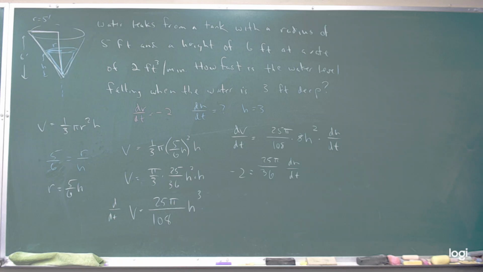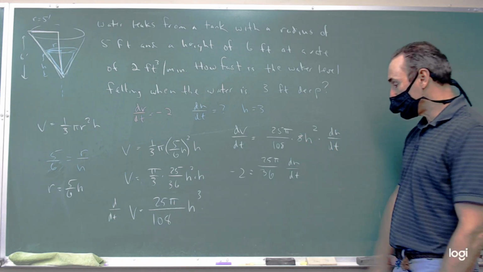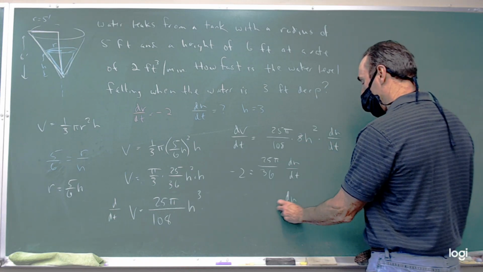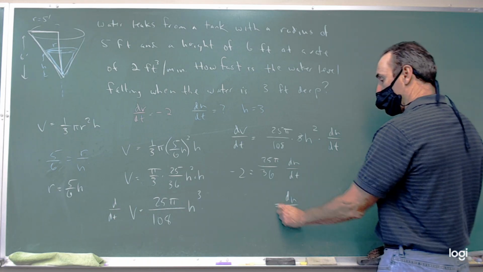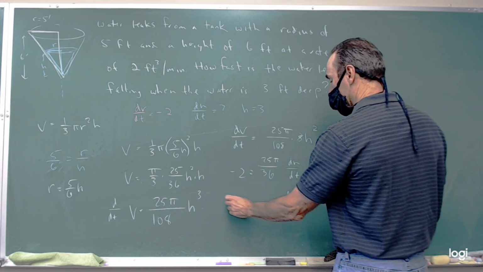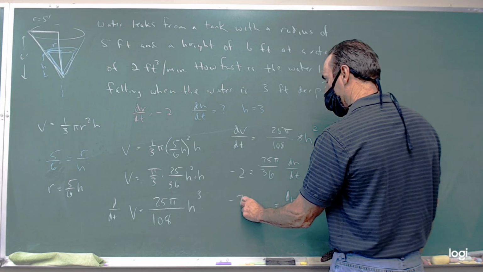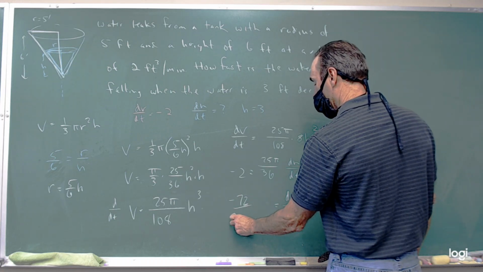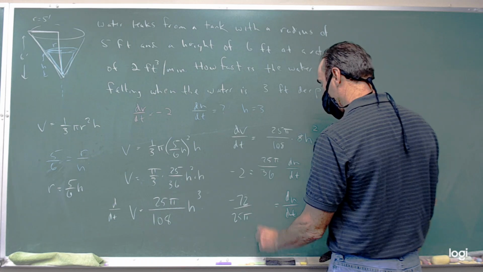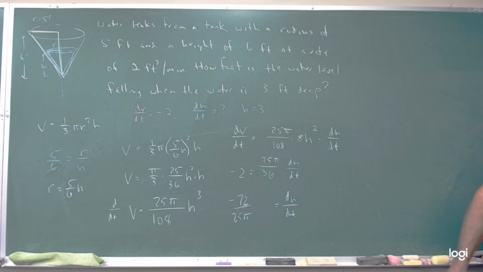Is that okay? And then to solve for dh/dt, we'll multiply by the reciprocal. So that 36 is going to hit that -2, and the pi is down in the denominator with the 25. So -72 over 25 pi.